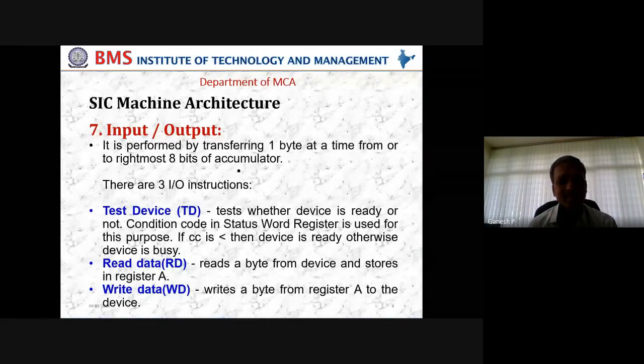In a single bus structure, at a time only two of these, either input and memory, or input and processor, or memory and processor, or memory and output, or output and processor, any two of these four components can be connected.